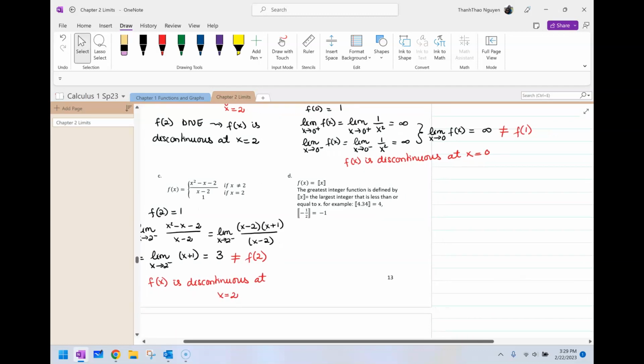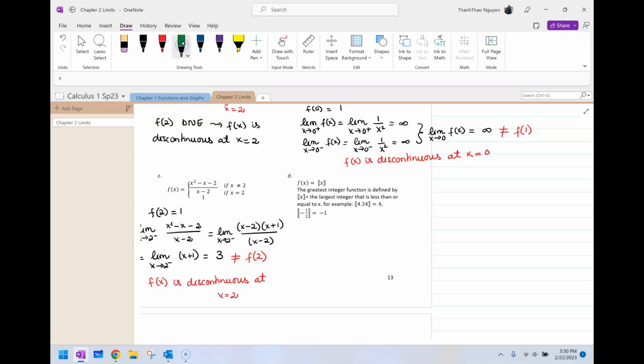The greatest integer function is defined by the floor of x equal to the largest integer that is less than or equal to x. So for example, the floor of 4.34 is equal to 4. The floor of negative a half is equal to negative 1.